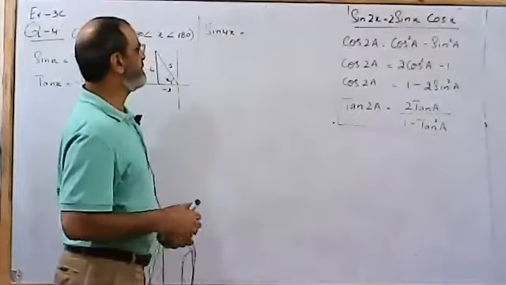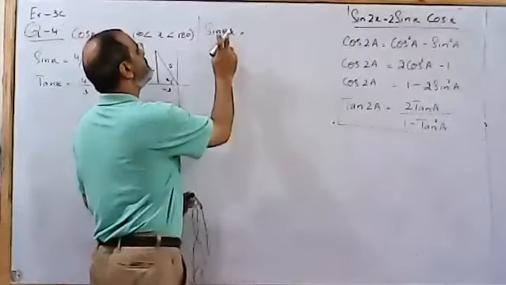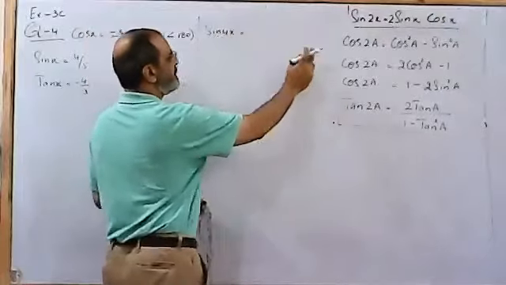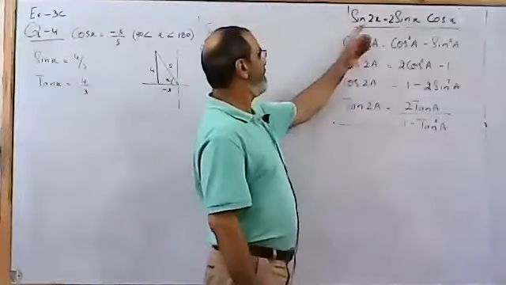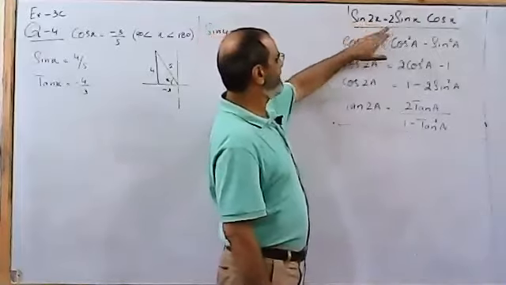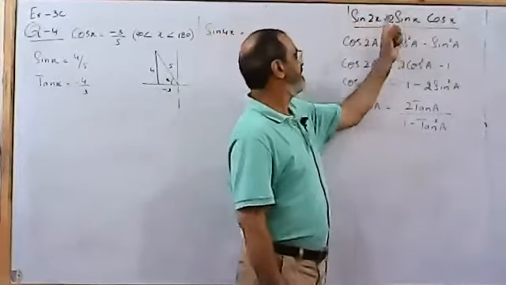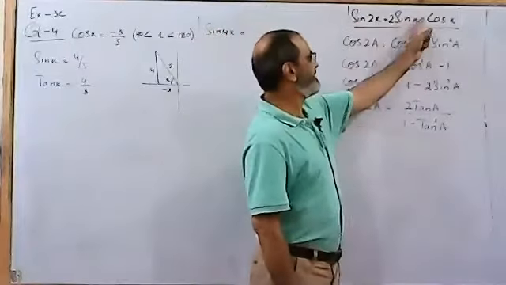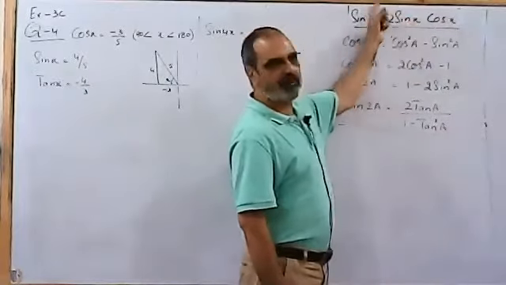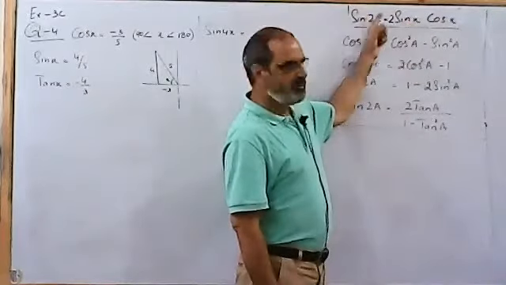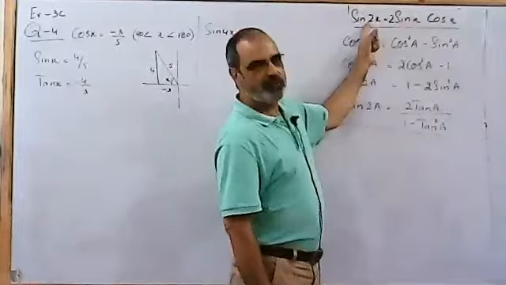For that purpose, I am going to use the double angle formula. In the double angle formula, remember sine 2x is written as 2 sine x cos x. The 2x has been changed into x and x. These angles are half of this angle. So x is half of 2x.